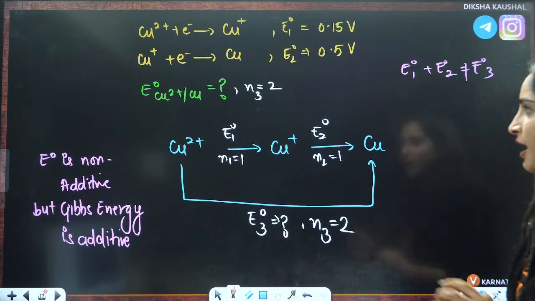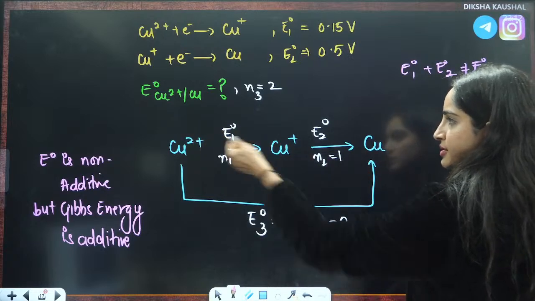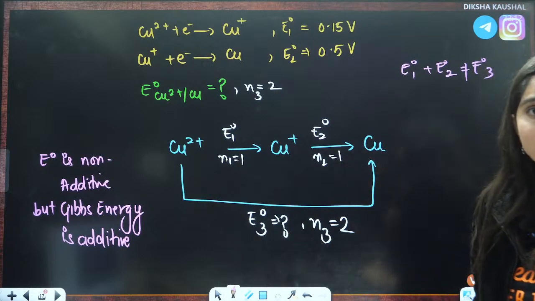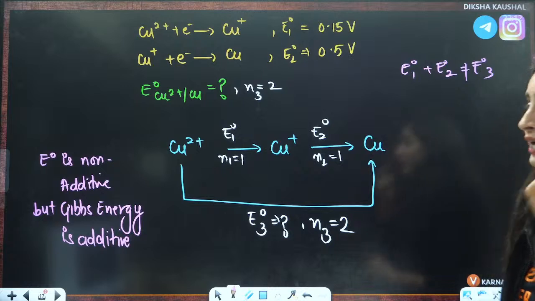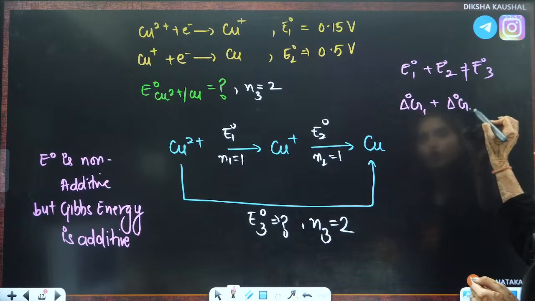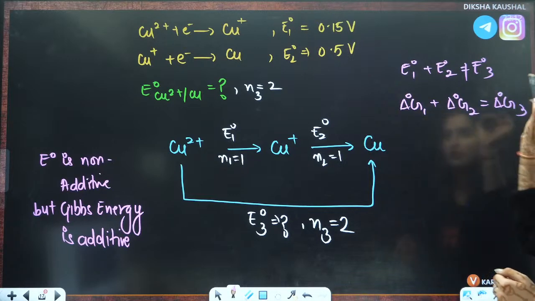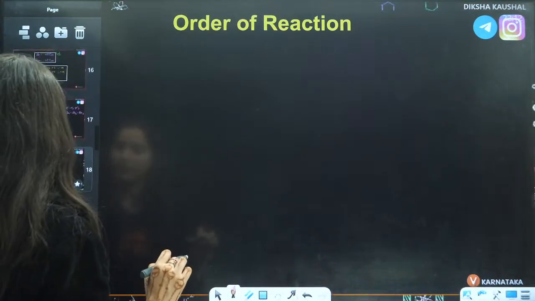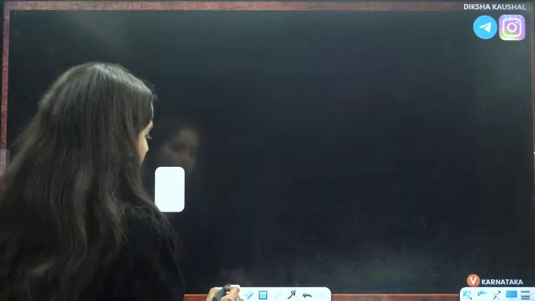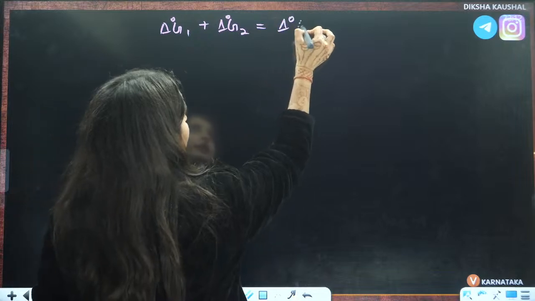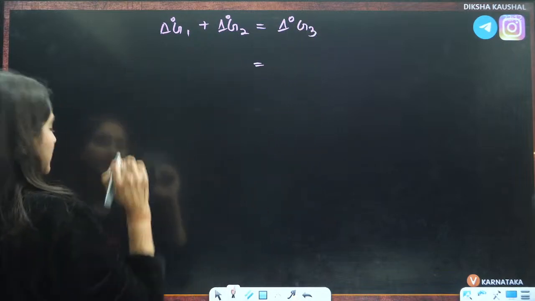That is the wrong thing, because electrode potential is not additive in nature. But delta G naught of 1 plus delta G naught of 2 is equal to delta G naught of 3, right? So this is the same equation we will apply here. Delta G naught of 1 plus delta G naught of 2 equals delta G naught of 3, that is equal to, what is delta G?